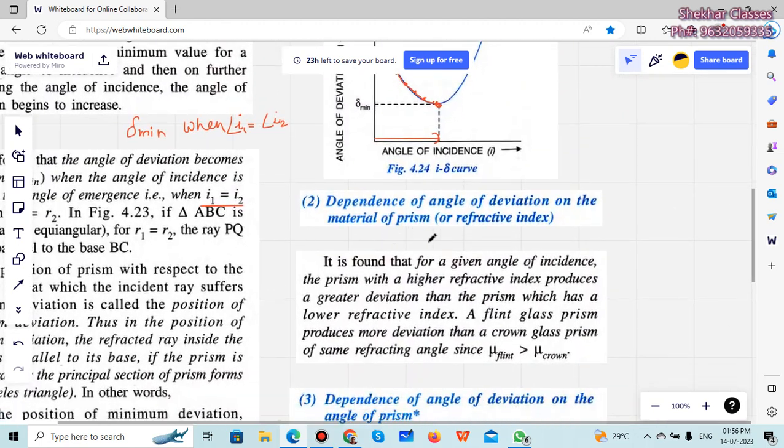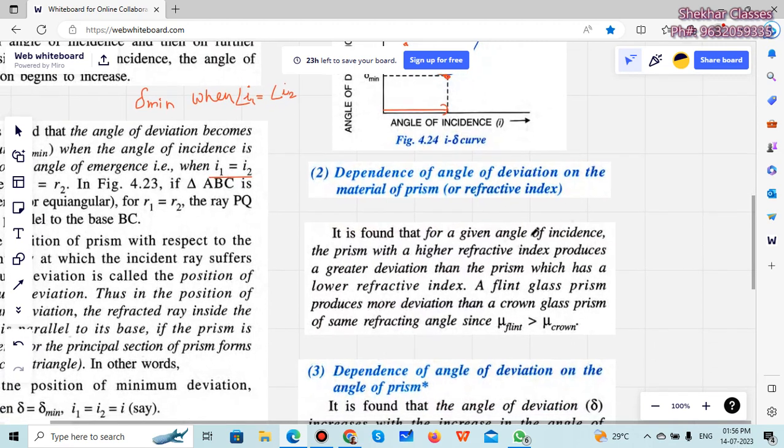Dependence of angle of deviation on the material of the prism. If you use a denser medium, then the light will bend more, and if it bends more, the deviation will be more. For example, the refractive index of flint is more than the refractive index of crown, so the angle of deviation will be more in this case.